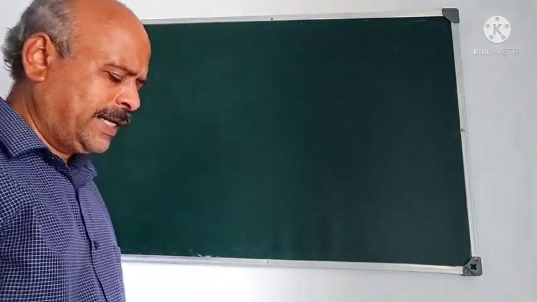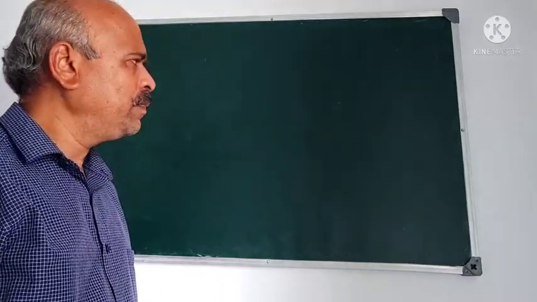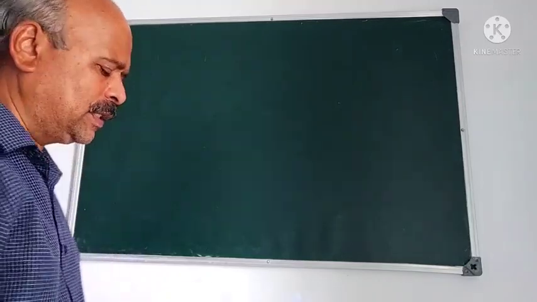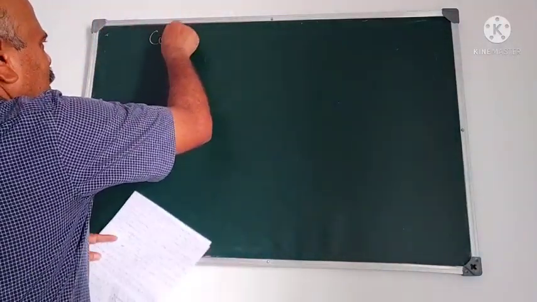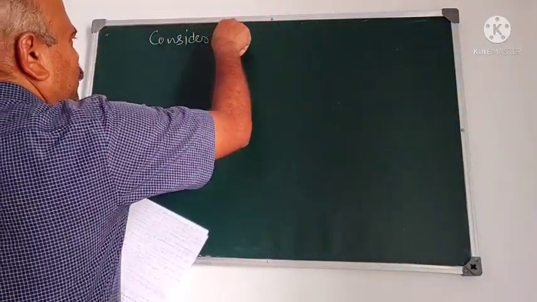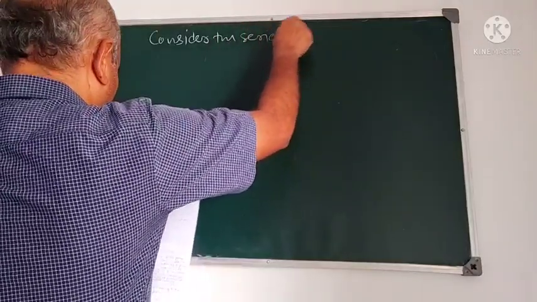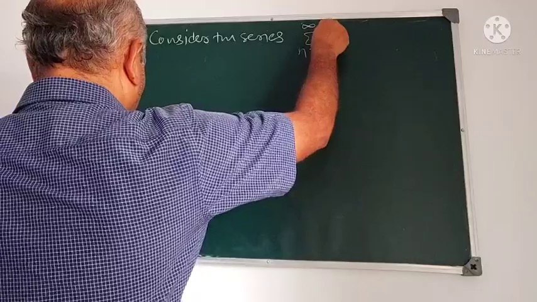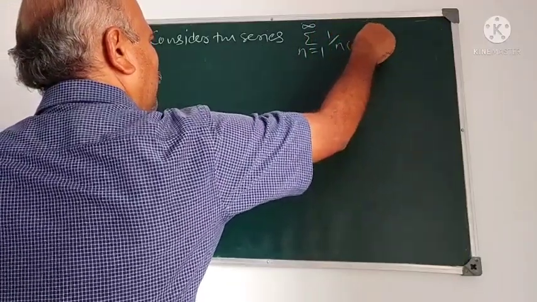Now I take an example to explain the meaning of convergence of infinite series. Consider the series sigma 1 to infinity 1 upon n into n plus 1.